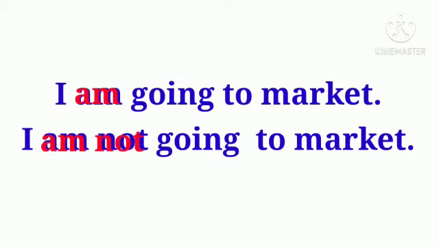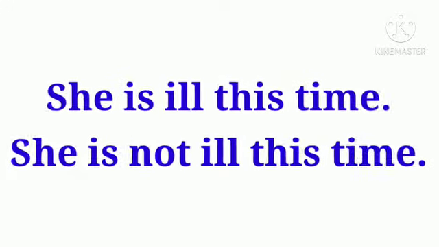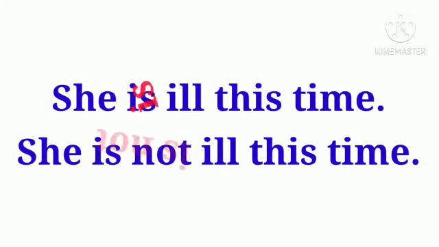Here we use not after the helping verb. Now the next, she is ill this time. She is not ill this time. In the same way, after the helping verb, we use not. It means after is we add not.